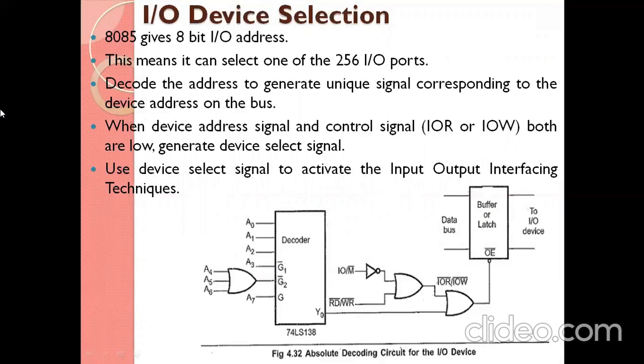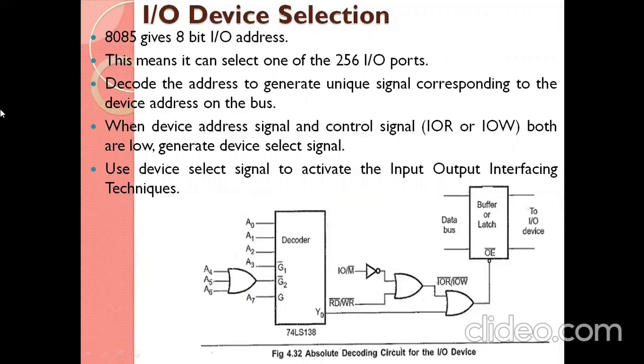Now I am giving the values 0, 0, 0 in A0, A1 and A2. So what will happen is in the output, Y0 will be selected. When Y0 is selected, that value is 0. Next, the IO / memory bar value is low, so it will become high through the NOT gate.